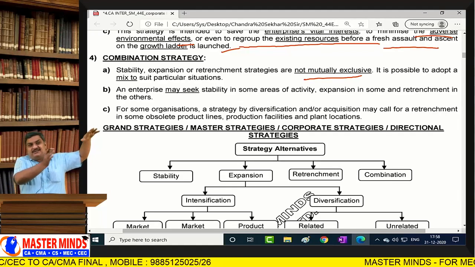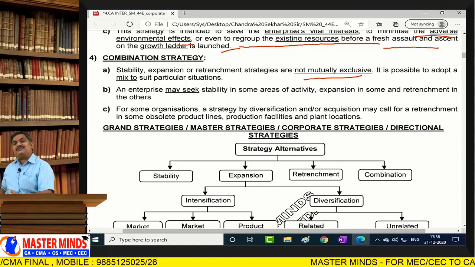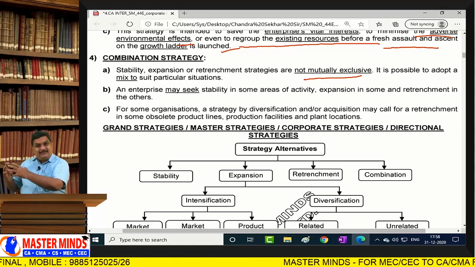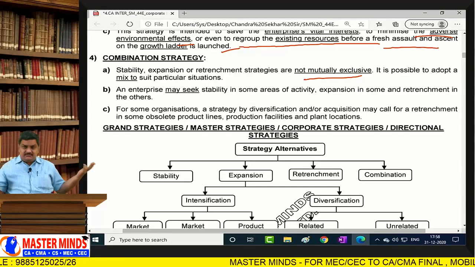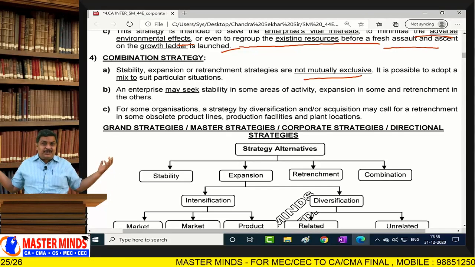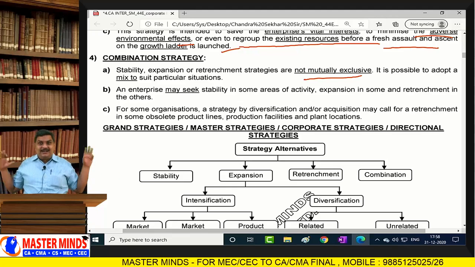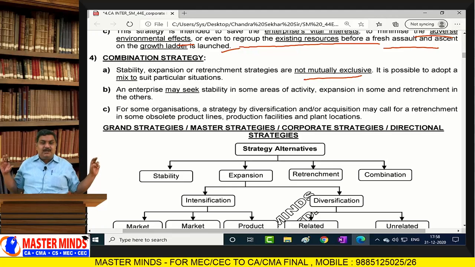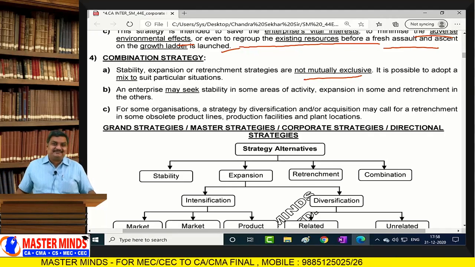Stability in some businesses, expansion in some businesses, retrenchment in some businesses, and getting money from the retrenchment and putting it in expansion. This is the game the business people have to play. And chartered accountants should be the umpires to watch the game and clearly give guidelines to the business people to make all these strategies. That is why you should learn all these things.